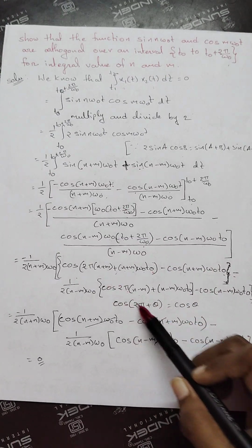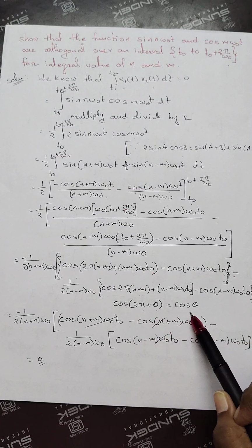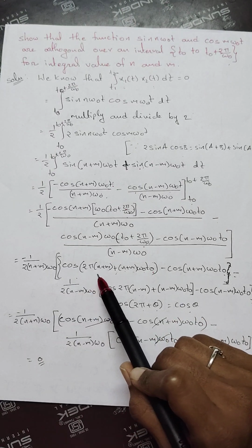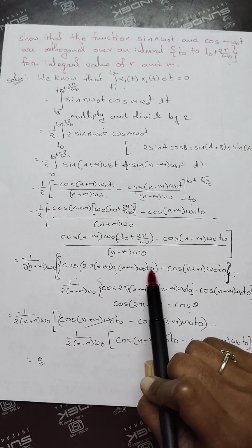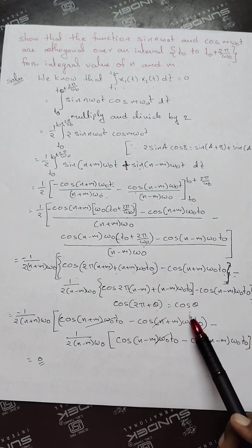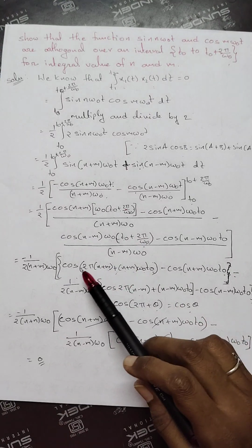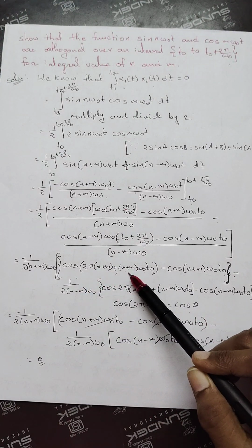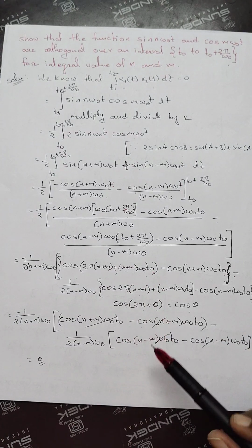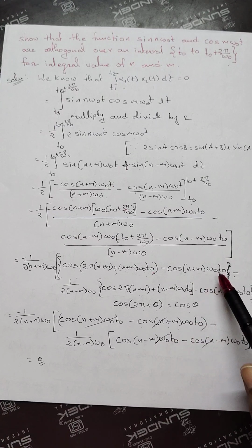This is in the form cos(2 pi plus theta), which is equal to cos theta, where theta is (n plus m) omega naught t naught and 2 pi is the other part. So we write cos((n plus m) omega naught t naught) minus cos((n plus m) omega naught t naught).